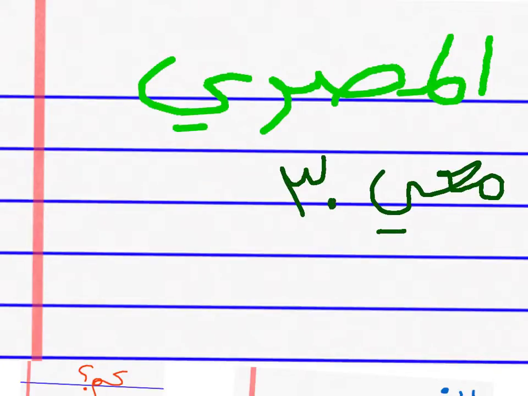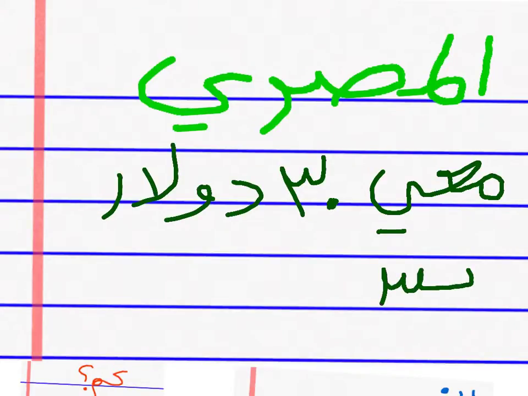So the answer to the question in عامية كم دولار معك, you could say معي 30. Notice how in عامية it's 30 دولار. بس يا حرام بس, I only have $30. Notice that dollar is singular too after 30.